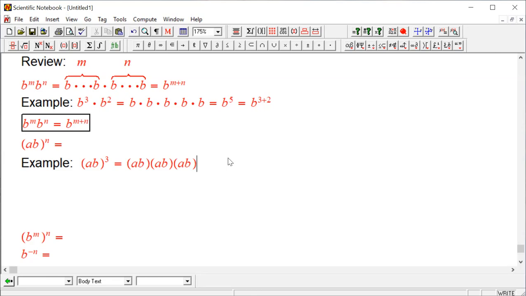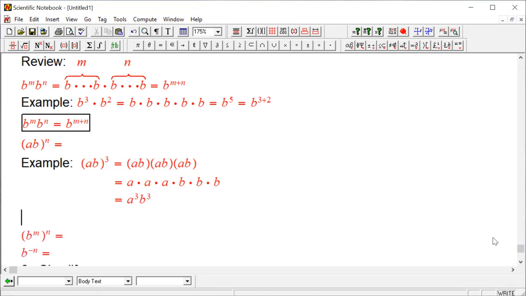Because multiplication complies with the commutative property, we can have A times A times A and B times B times B. So in the end, what do we get? We get A to the power 3 multiplied by B raised to the power 3.